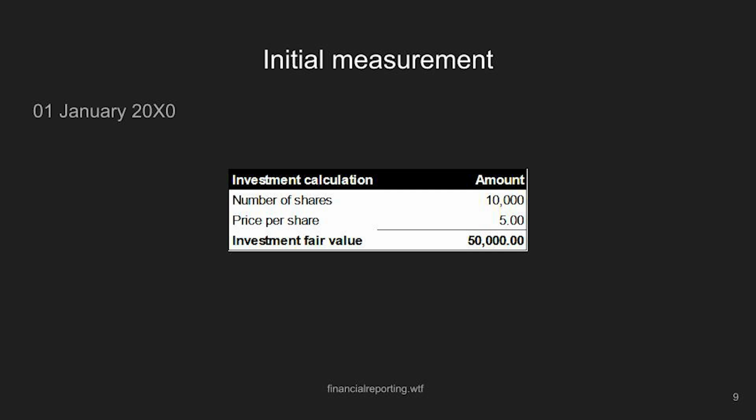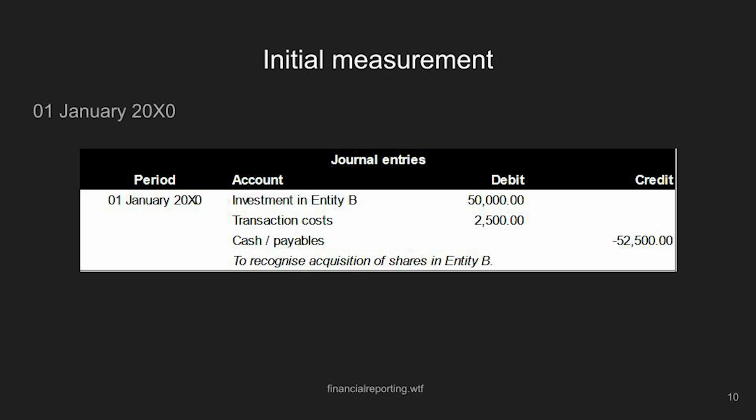We can now recognize this investment on the day with a journal entry. The shares Entity A has invested into are a financial asset. So we can recognize an asset by debiting our balance sheet for the value of the shares, which we determined to be $50,000. We can also debit the profit and loss for $2,500 for our transaction costs, which we determined to not be included in the value of the investment, given it has been designated as fair value through profit and loss.